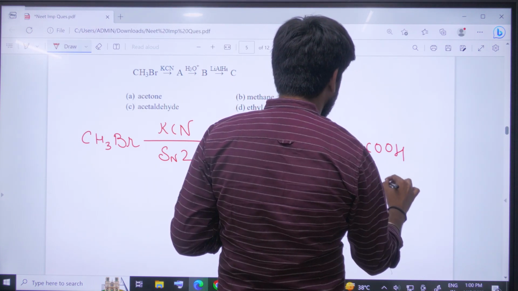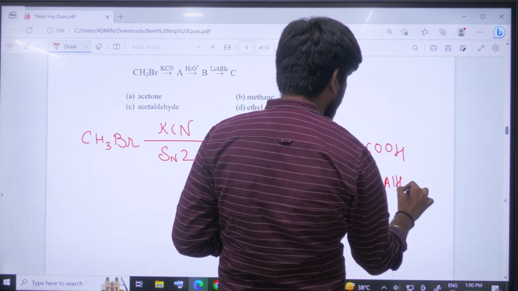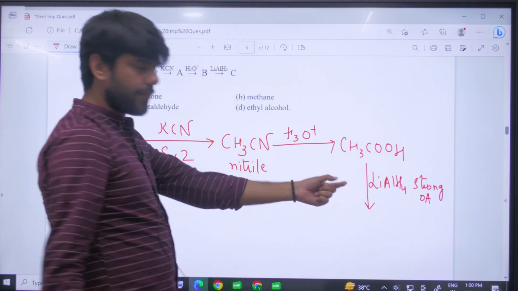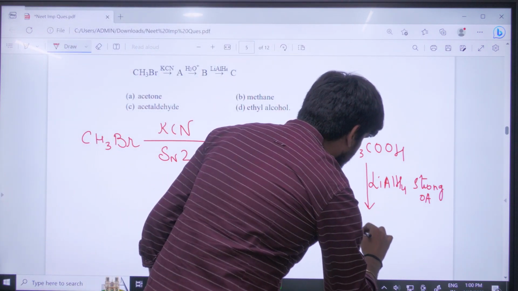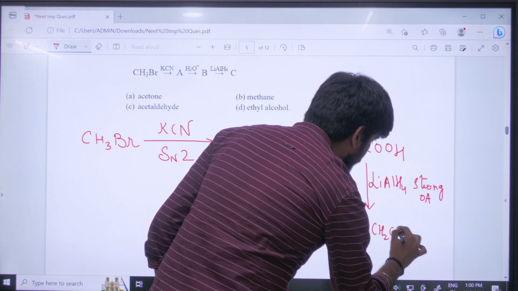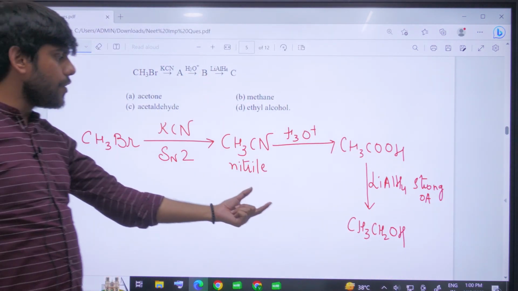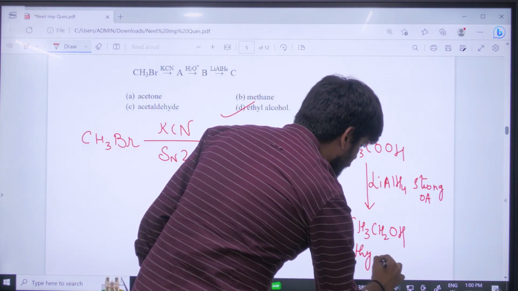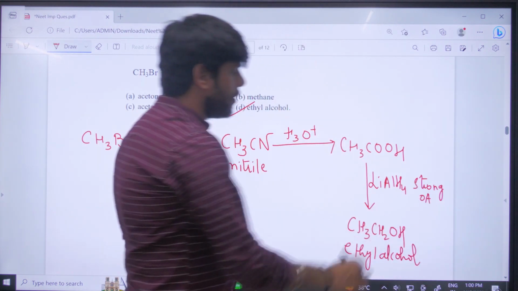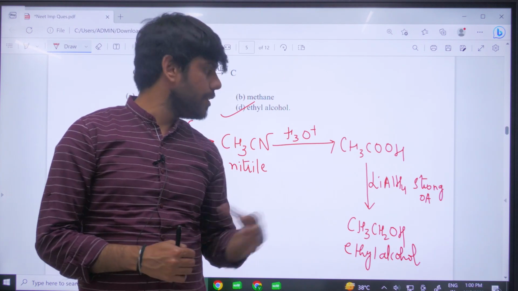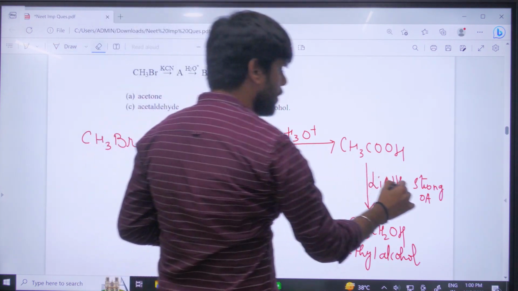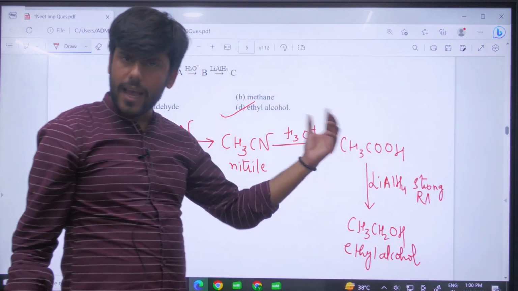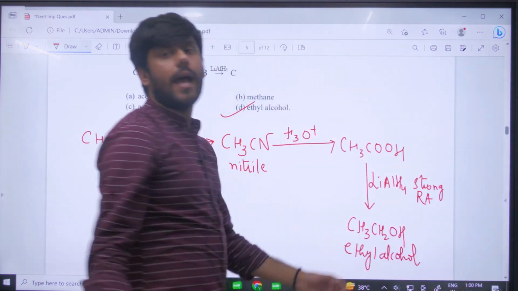And acetic acid, in the last step, is reacting with lithium aluminium hydride, which is a strong reducing agent. And I get CH3CH2OH as the product. So this C is your ethyl alcohol. You know that lithium aluminium hydride is a strong reducing agent, and it can reduce acid and even esters both to the alcohol.